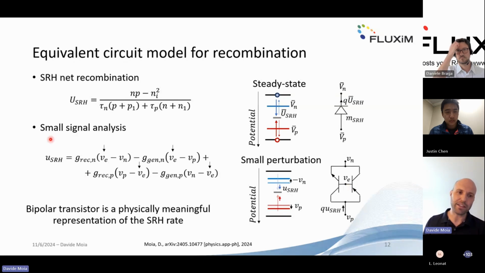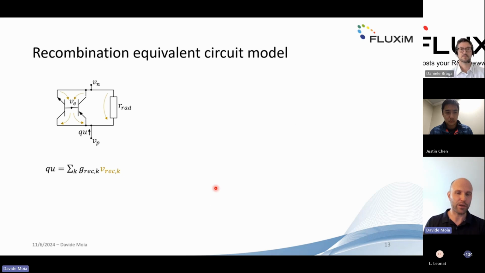And it turns out that this expression is well representative also of the small signal picture for a back-to-back NPN and PNP transistor pair. So if we put everything together, if we want to describe recombination in a perovskite solar cell, but in general in any semiconductor, this would be the most general equivalent circuit model to do that.